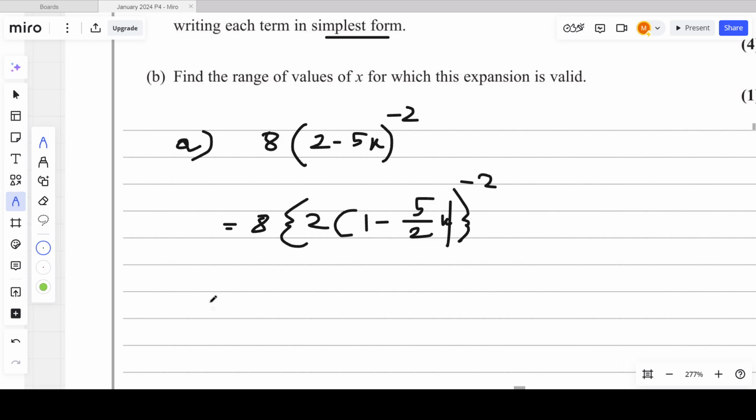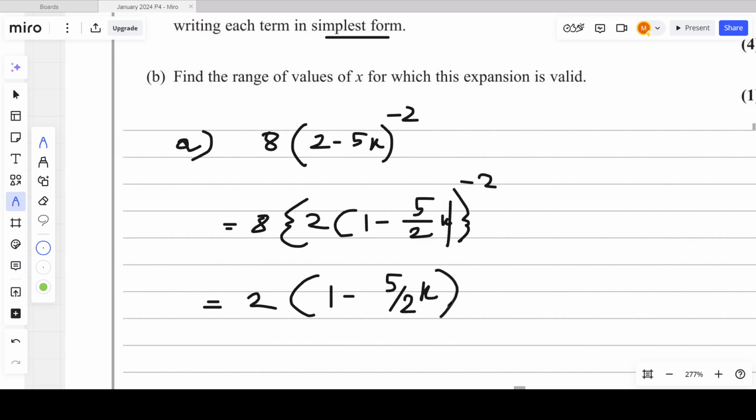Now take this 2 outside the bracket. So 2 to the power -2 is 1 over 4. So 1 over 4 times 8, and then you will have 1 minus 5 over 2x, to the power -2.